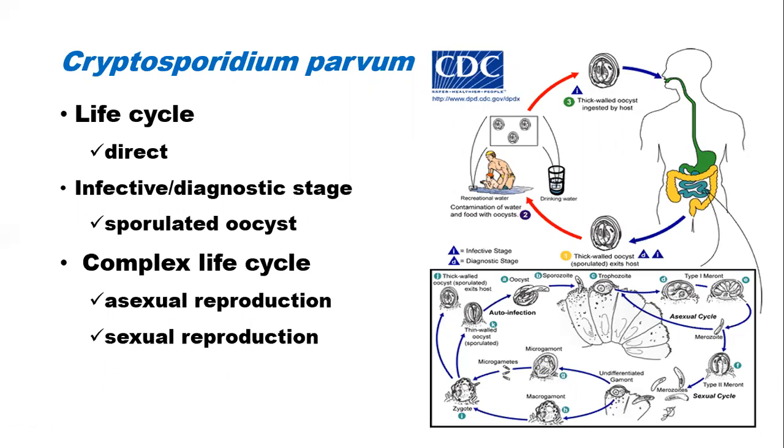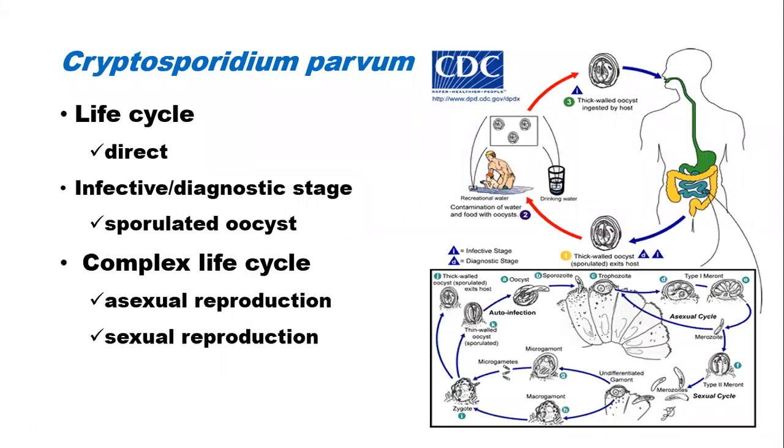But whatever the case might be, there is a close interaction between the sporozoite and the microvilli in the GI. With this, there is a morphological change that occurs with the sporozoite, and it is transformed into a trophozoite. Okay? With the transformation to a trophozoite, you have asexual reproduction taking place, and the trophozoite transforms into a type 1 meront.